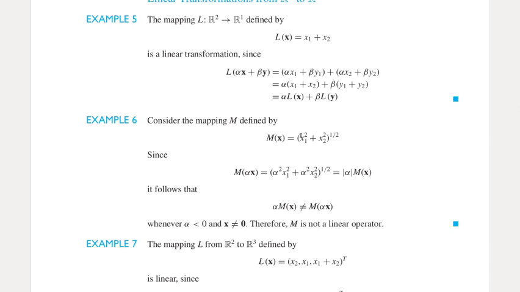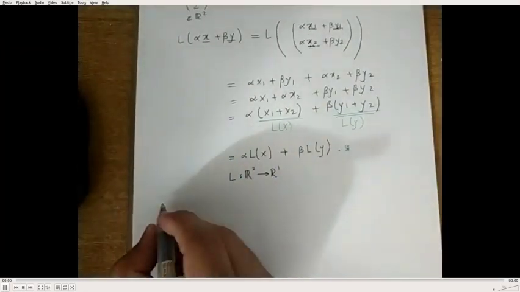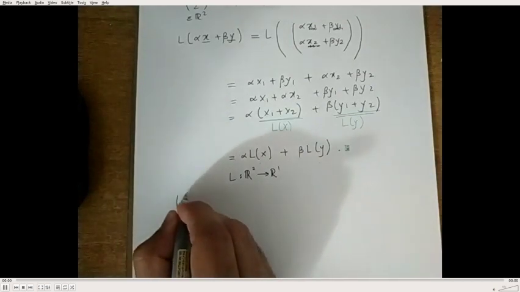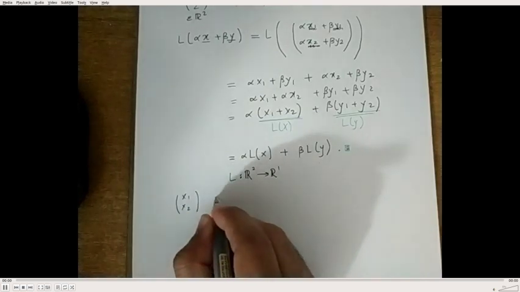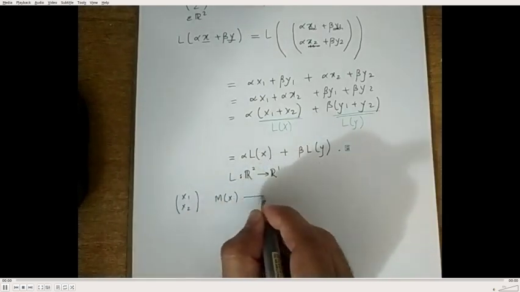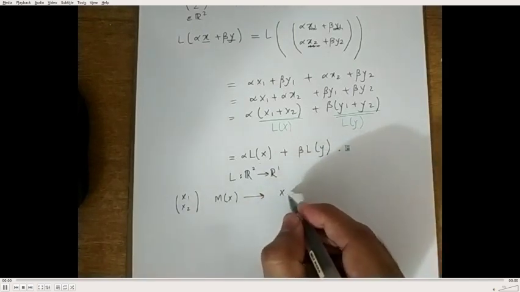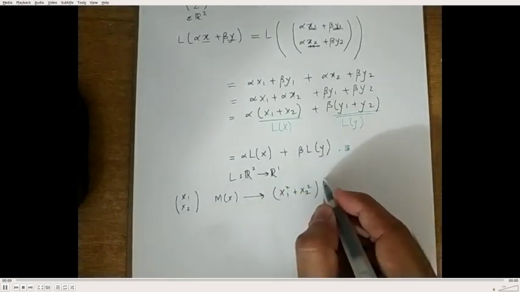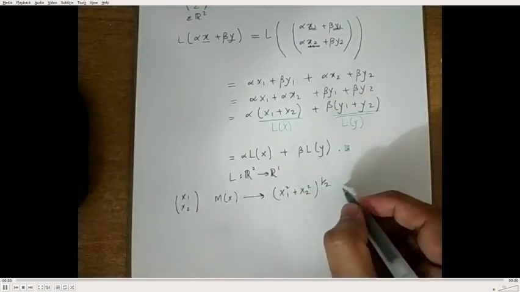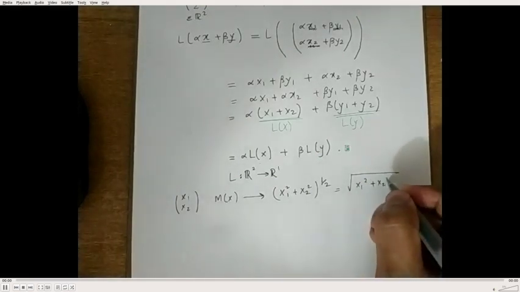And so the magnitude is also a transformation, because what it does is it takes your vector, perhaps x1 and x2, and M of x takes this vector, squares the components separately, and then places a square root on them, which is basically the square root of x1 squared plus x2 squared.